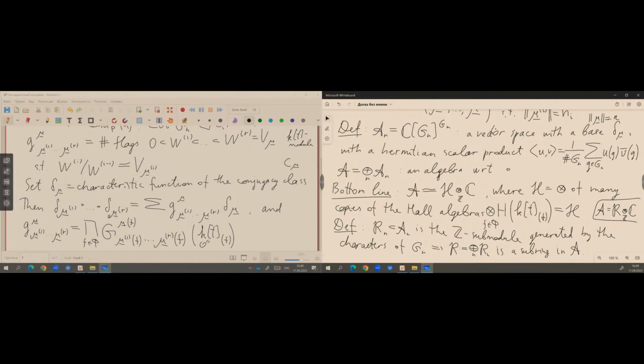Okay. And somehow, as I mentioned a few times, we are just mimicking the Frobenius approach to computation of characters of symmetric groups, and this is, so to say, the only point of departure: all the characters of symmetric groups are integer valued. So we never need complex numbers at all.